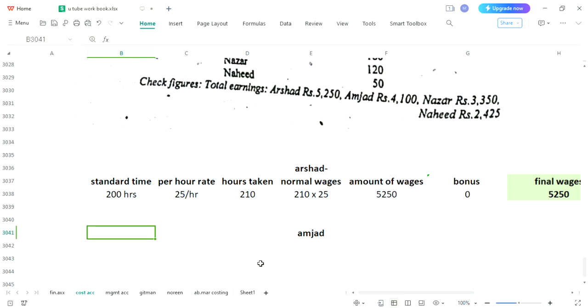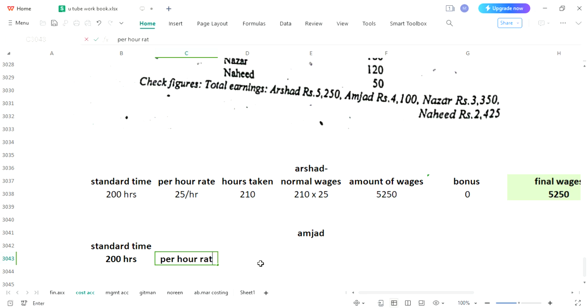The standard time would be similar, and that is 200 hours. Again, the per hour rate would be similar as well, and we have 25 per hour.